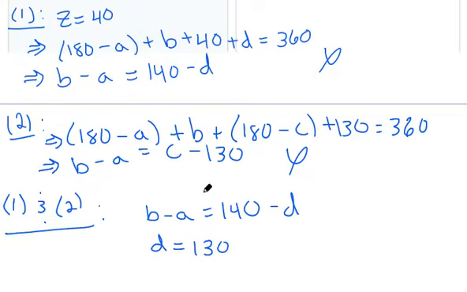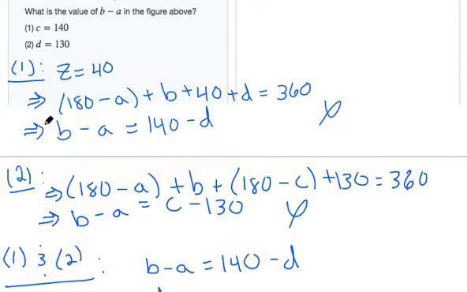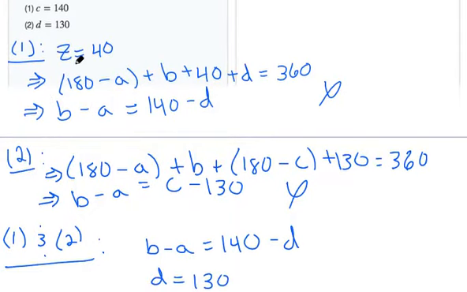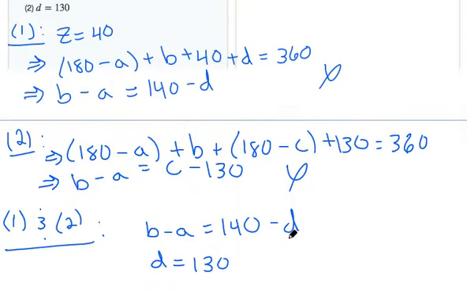This first equation we got from statement 1, and the second fact was the given information from statement 2 right here. Now we can plug this into the equation we got from statement 1, and that would give us a value for b minus a.